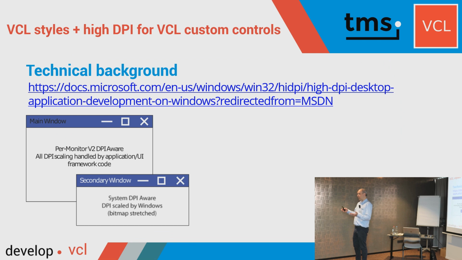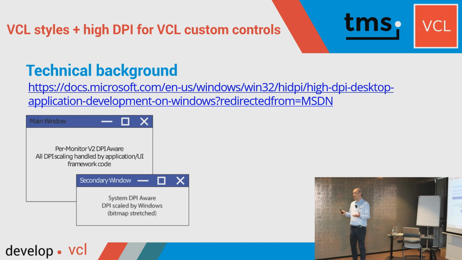For example, there are notifications being sent to your application when it switches from a monitor with a certain DPI to another monitor with another DPI, and to discover what the DPI is of this monitor and another monitor, etc. So these are Windows APIs that are necessary, and that the VCL framework underlying takes advantage of to make your application high DPI aware.